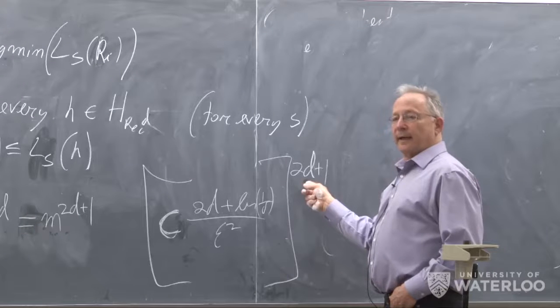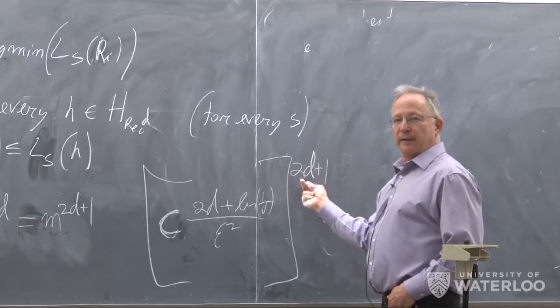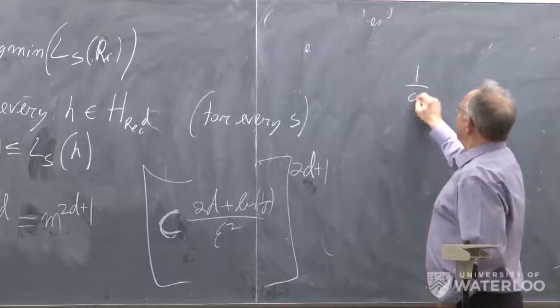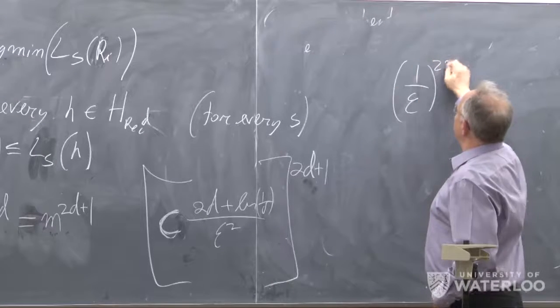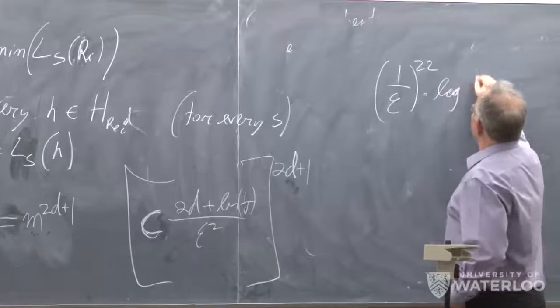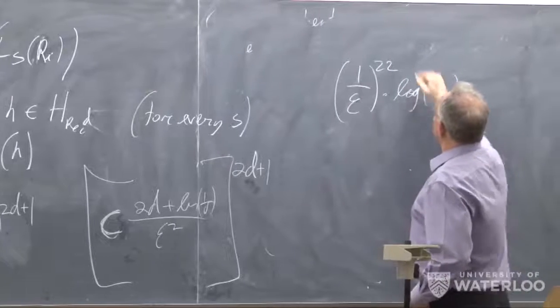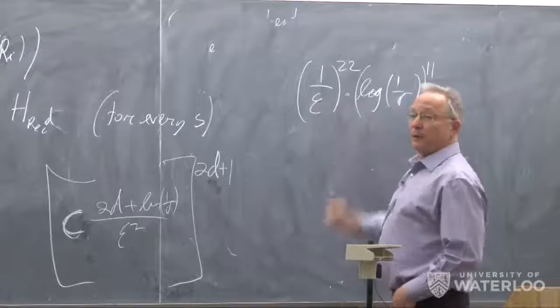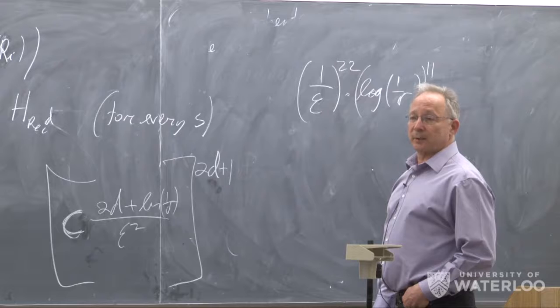So it looks like 1 over epsilon to the power 22 times log 1 over delta to the power 11, something like that. It's definitely polynomial in 1 over epsilon and 1 over delta.